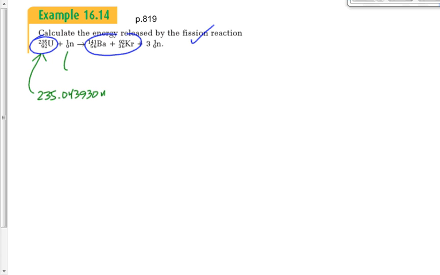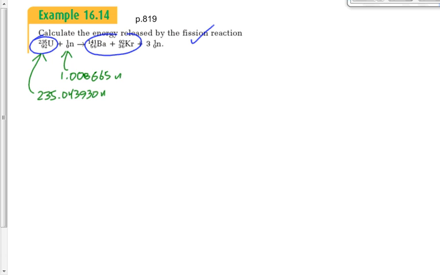And the mass of a neutron in atomic mass units is 1.008665. All right, good. That's it for the left side.